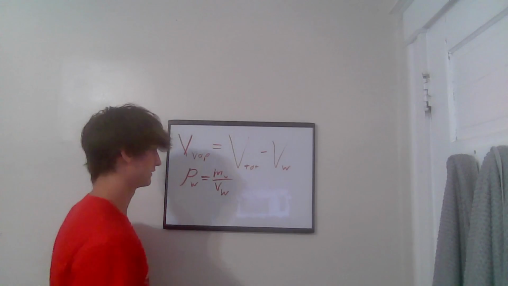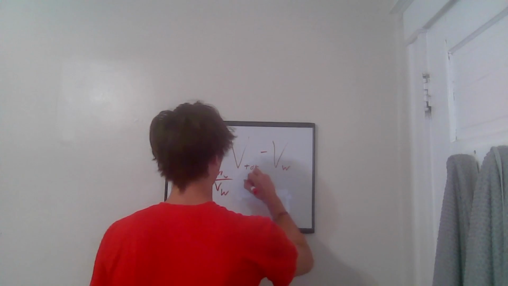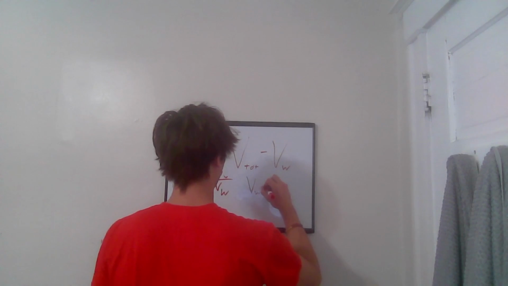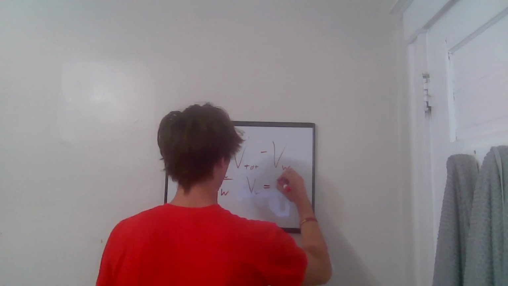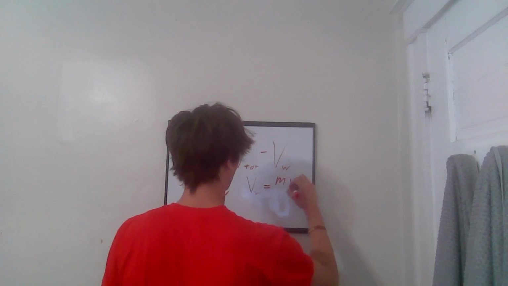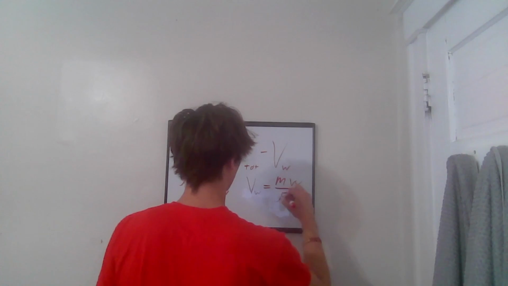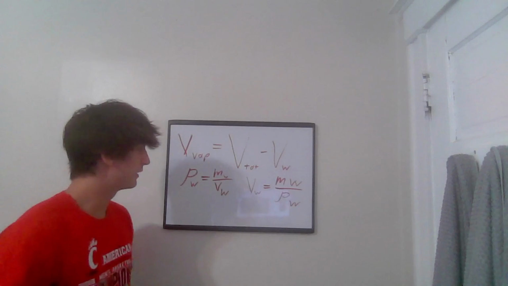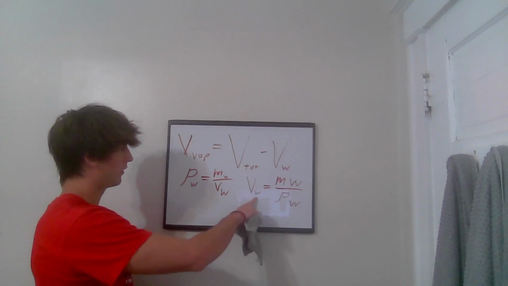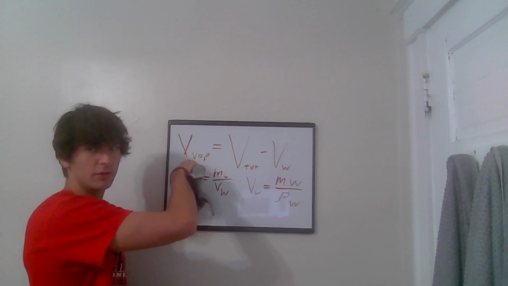And this is the same thing as saying that our volume of water is going to be equal to the mass of our water over the density of our water. So now we can find both the volume of our water and the volume of our vapor.